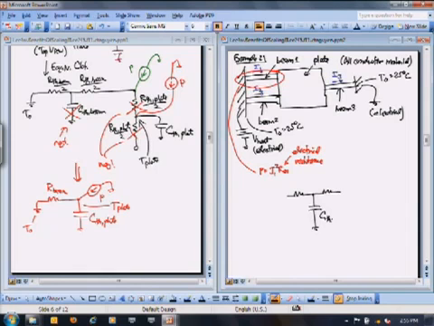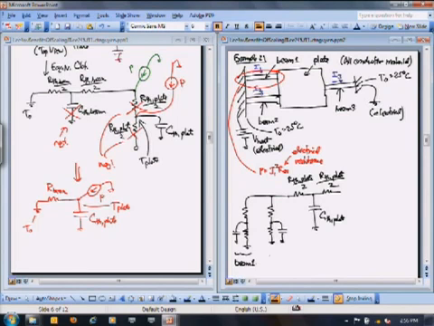I guess I've drawn them to look identical, but they don't have to be. These two beams are going to have equivalent circuits that look like this, going to ground. And likewise, on the other side, I've got one more beam going to ground, same equivalent circuit.